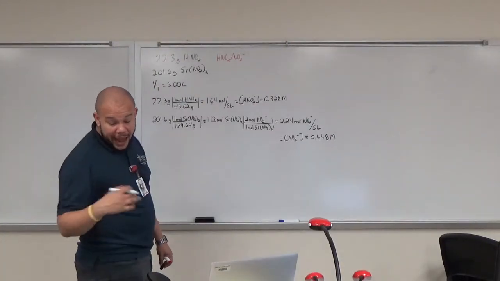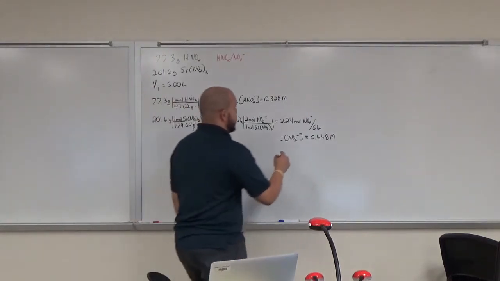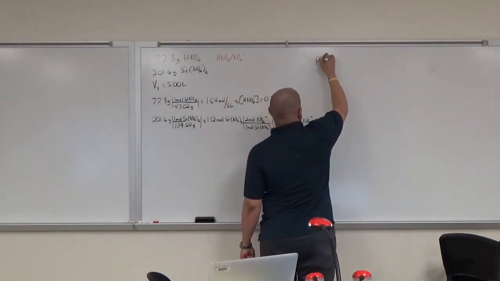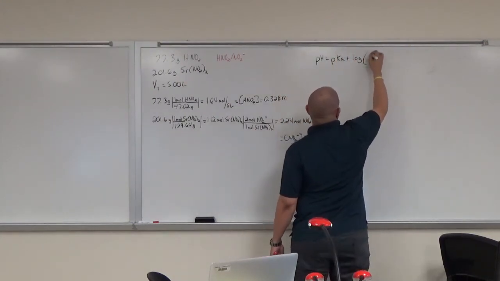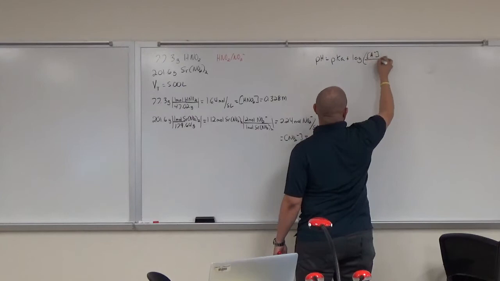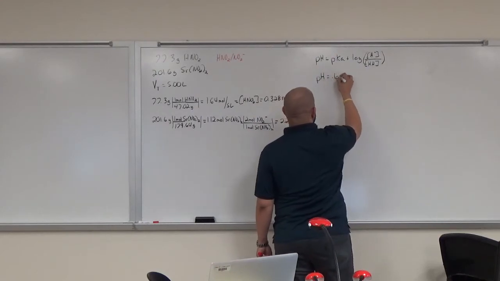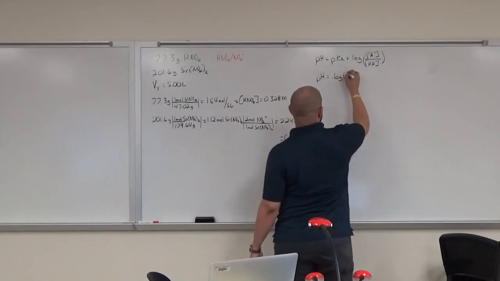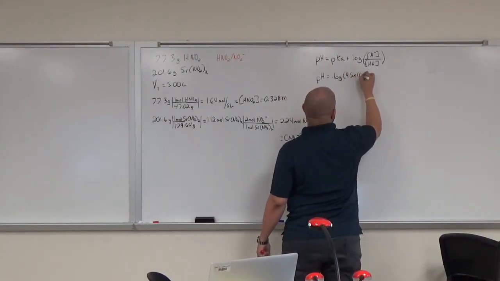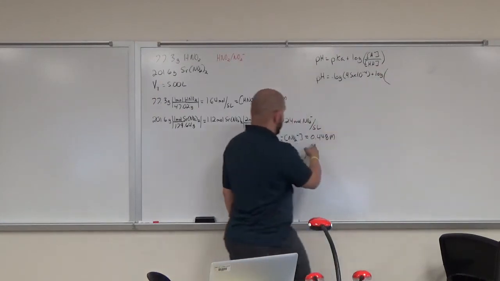Now, once we have those 2 pieces of information, we know that pH is equal to pKa plus log of the concentration of the conjugate over the weak acid. If we go to our reference materials, we find our Ka is equal to 4.5 times 10 to the negative 4, plus log, and then we have our 2 concentrations.